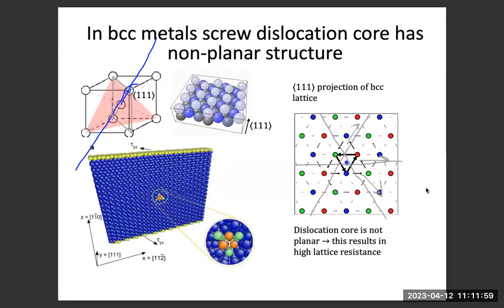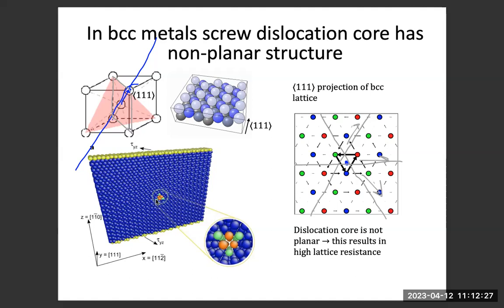Okay, so screw dislocation core is non-planar. It is a compact core. It has a triangular shape, and it is very compact, hard to activate this dislocation. It is not planar, and it is very hard to move this compact core, which results in the high lattice resistance.